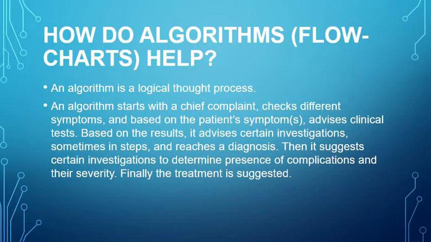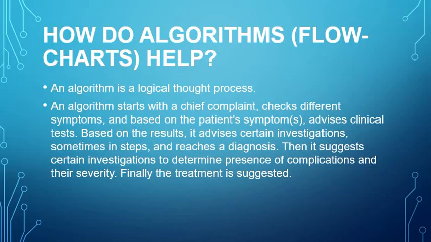It starts with a chief complaint, a single point, then it checks different symptoms and based on the patient's symptoms advises clinical tests. Based on the results of those tests, it advises certain investigations, sometimes in steps, and then reaches a diagnosis.